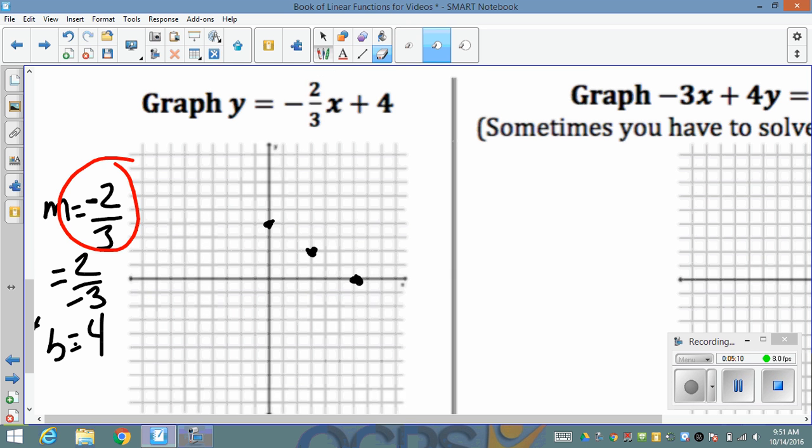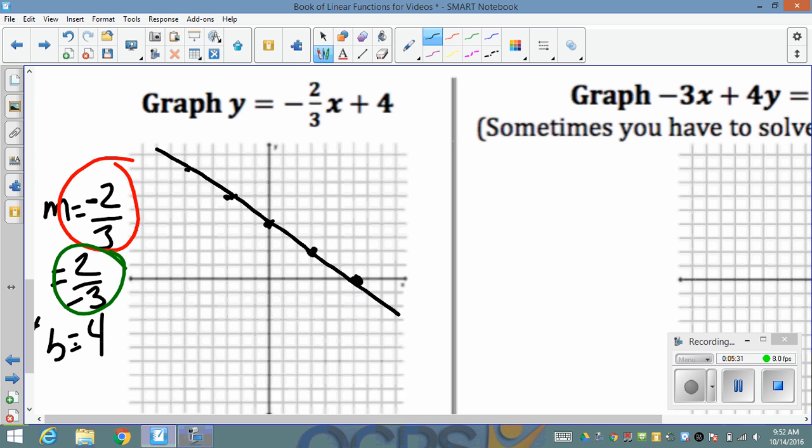I can also, if I want to do this one, go up 2 to the left 3. Up 2 to the left 3. Again, nice straight line, so I can connect and extend through. And I am done.